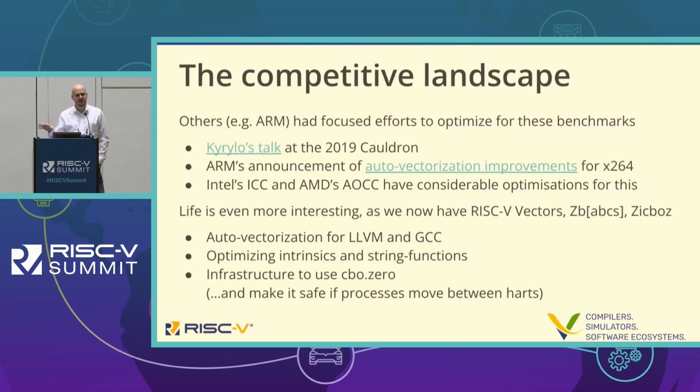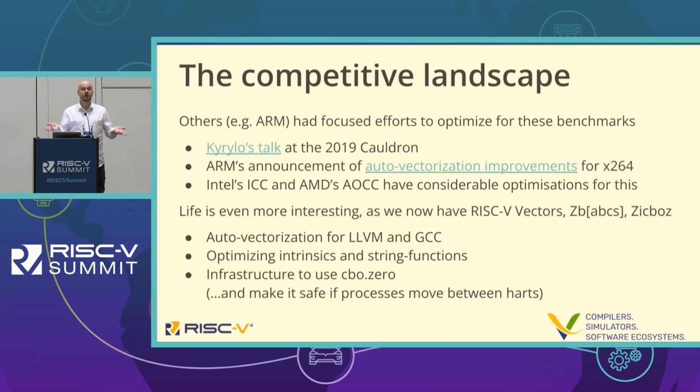All of this plays into the competitive landscape a bit as well. So ARM has had going on a focused effort to get their SPEC scores up, to fix issues with the auto-vectorization, and do whatever is needed. There's plenty of public evidence to that. So Kirill Chakov gave a talk at the 2019 Cauldron where he was summarizing vectorizer issues.